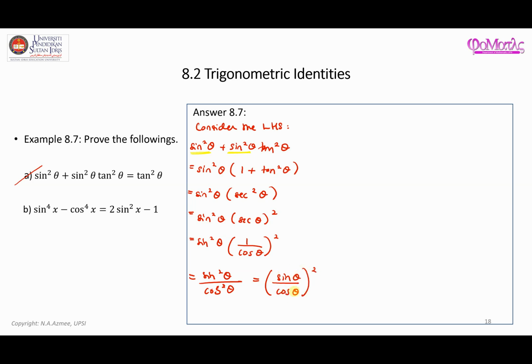And what is this? Sine theta over cos theta is just tangent theta. So tangent theta squared, and this matches what you have seen on the right hand side of the equation.